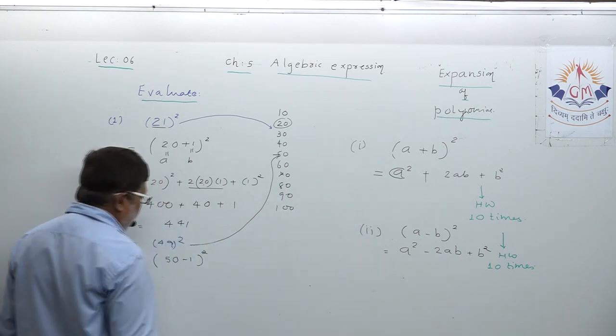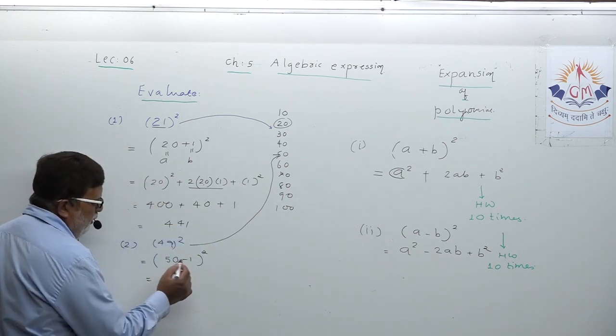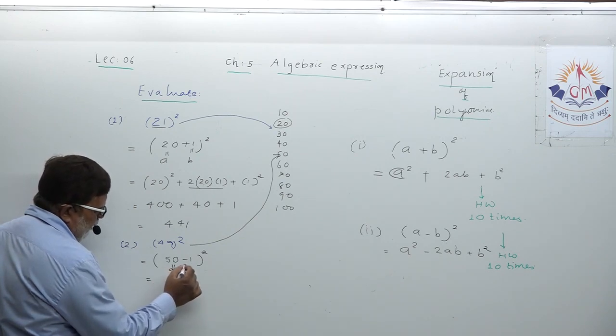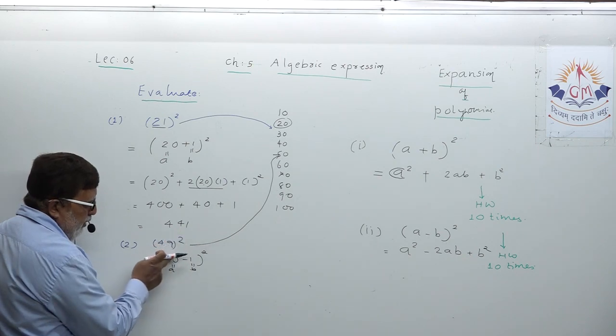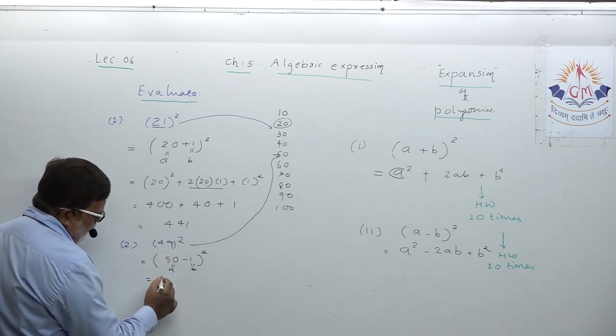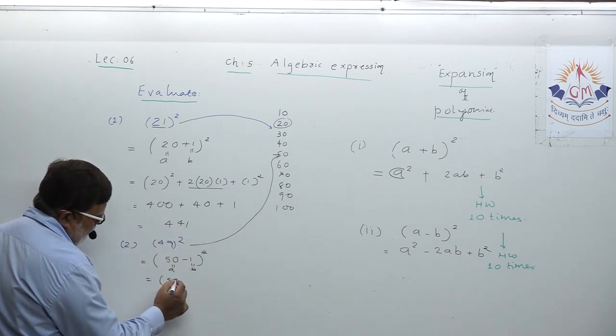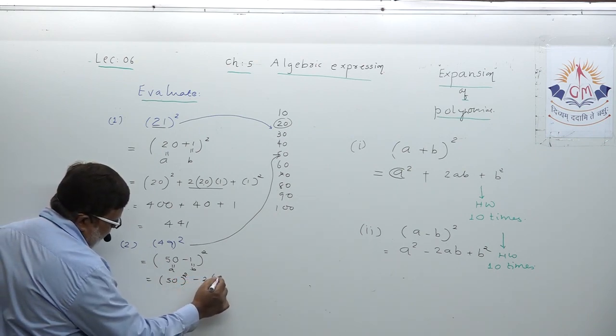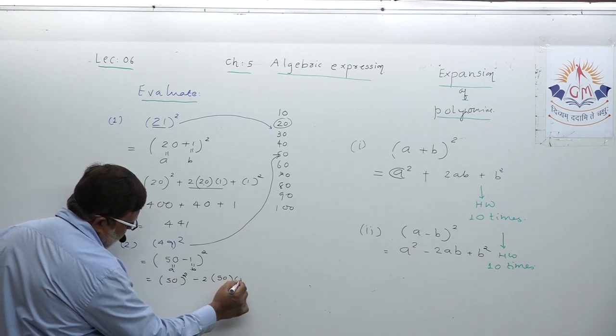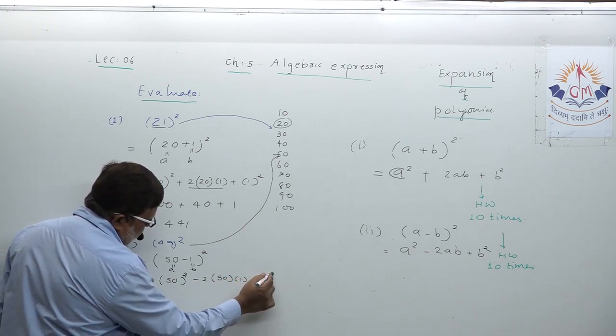So again the application of the second formula. This is A and this is B. Second formula, A minus B whole square, A square minus 2AB plus B square.